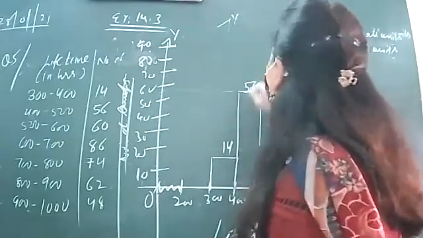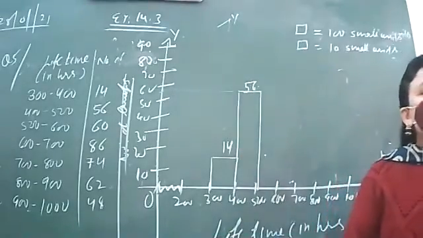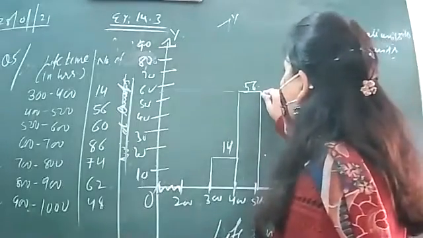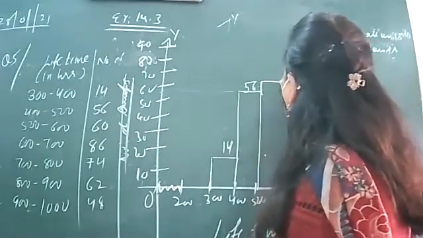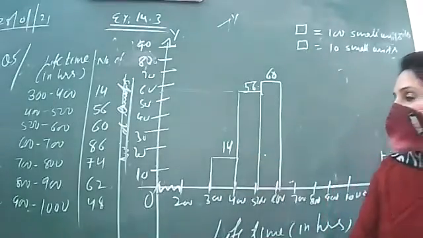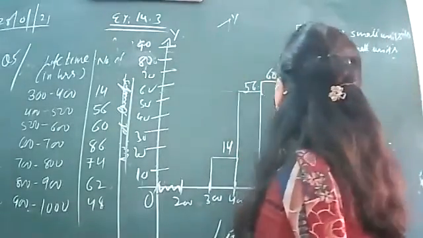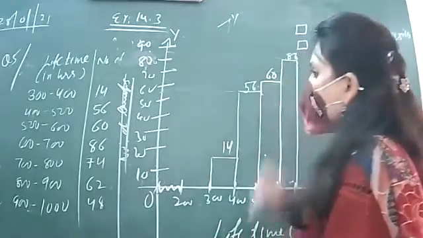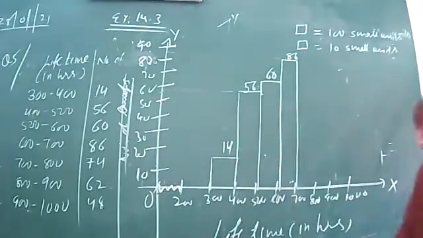56. Next is 60. Next is 86. After 80, 6 lines. 700 to 800, 74.